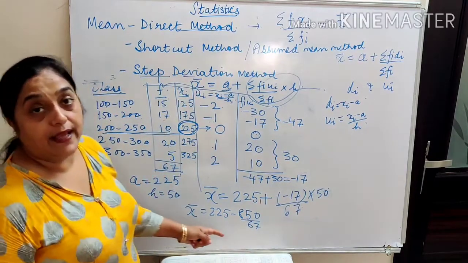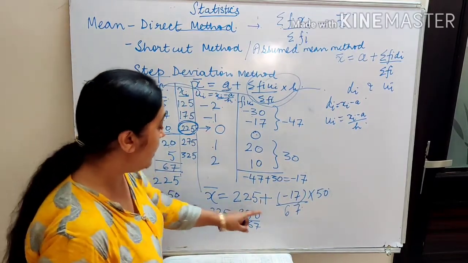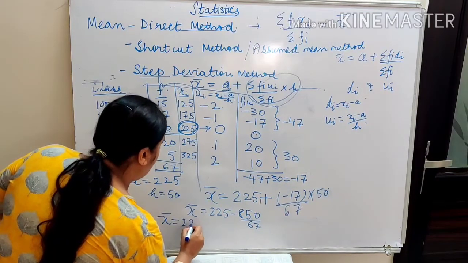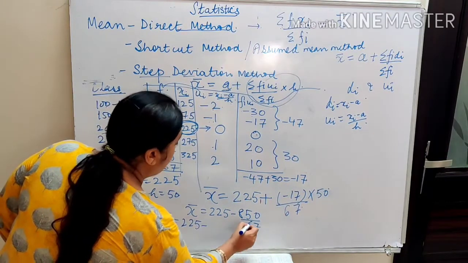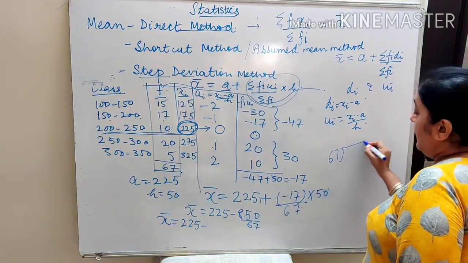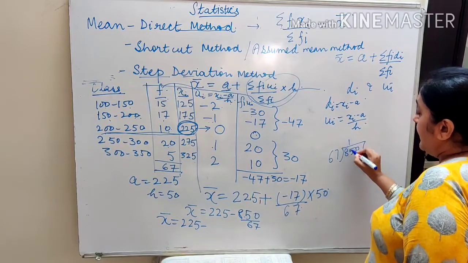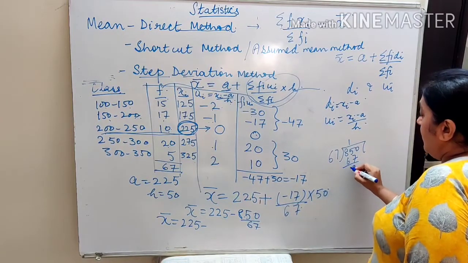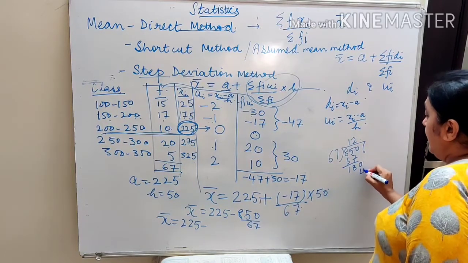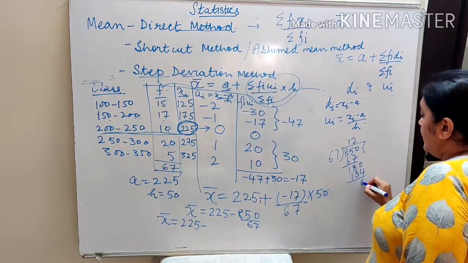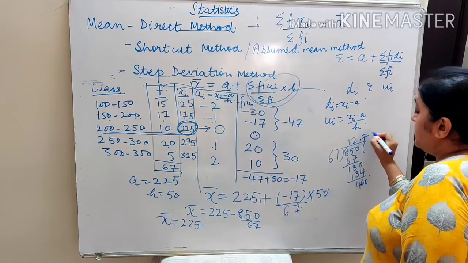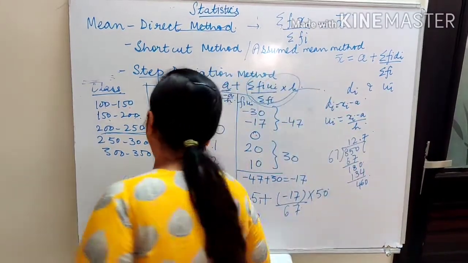Don't try to take LCM here. इसको decimal में यही convert कर दीजिए. तो x mean comes out to be 225 minus, if you will divide 850 by 67, please check it out, what will you get? Approximately it is 12.7.